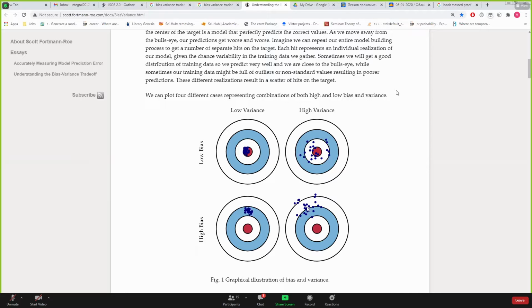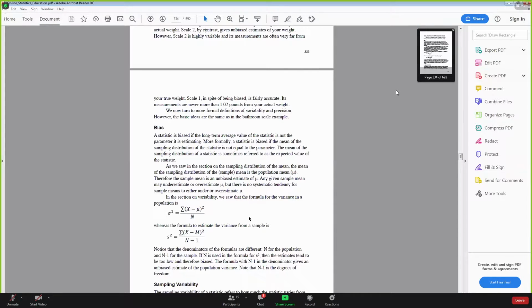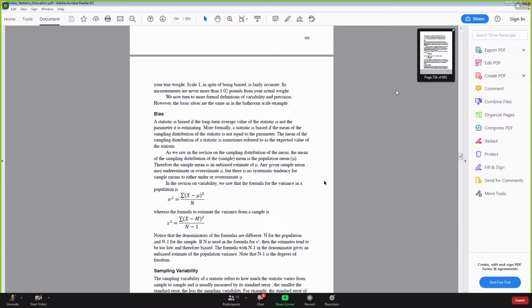So the average is way off the mark, the average is not correct either. So you have high variance and high bias, and this is the worst case scenario. Of course, this is also quite bad, because for practical reasons it's not really what you want. Okay, so these are the properties of an estimate. You have bias and you have the variance.